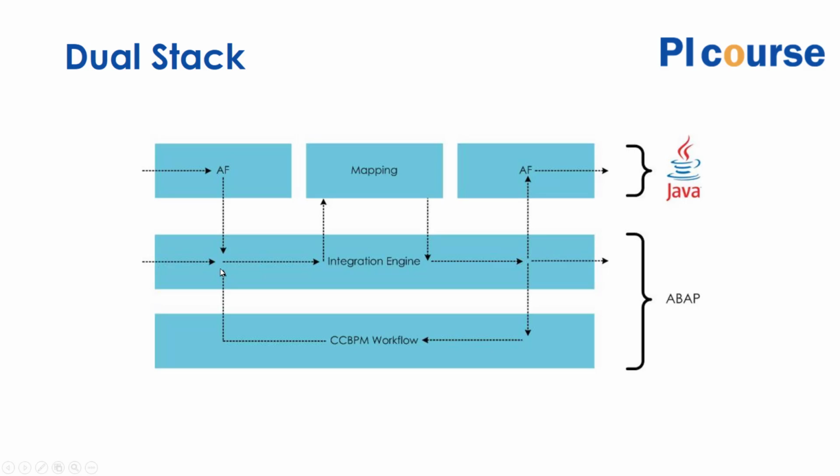And here we'll do routing and figure out where the message should be delivered. We'd find an interface. And then if you want to do a mapping, it would send the message back into the Java stack, perform the mapping, get a response back from this mapping, and then it would send it up to the adapter framework again for processing.